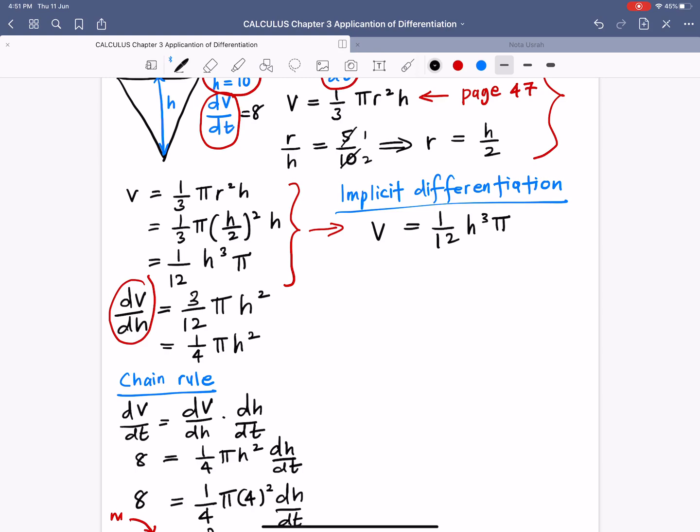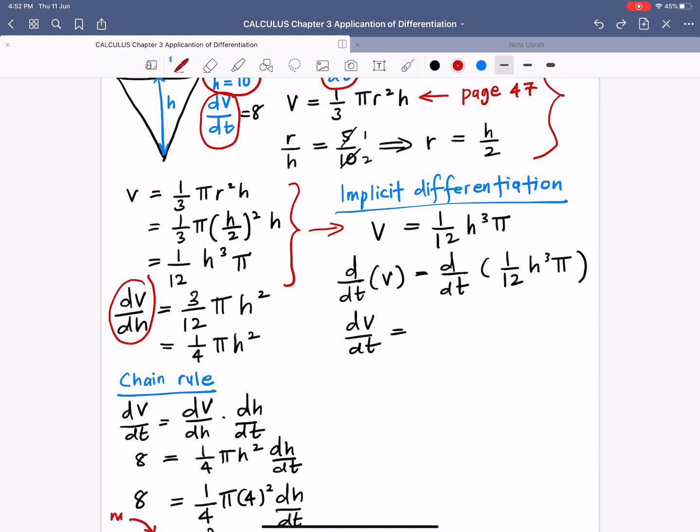We know that we want to find dh/dt. Therefore, we will differentiate with respect to t for both sides of the equation. So d/dt of (1 over 12 h cube pi). The left hand side is dV/dt. The right hand side is in terms of h, therefore we differentiate as usual, like we differentiate with respect to h.